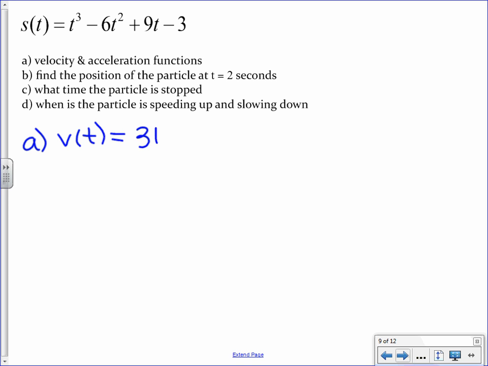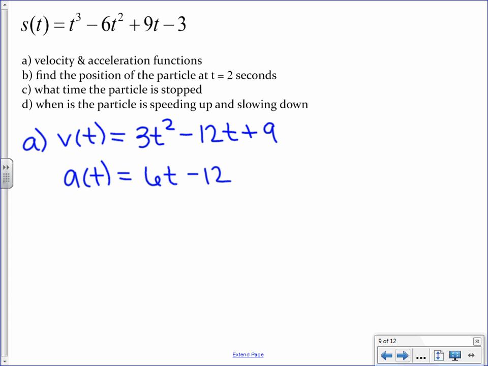What is our velocity? 3t squared minus 12t plus 9. Great. What's our acceleration? 6t. Good. I'm going to say that time is measured in seconds and distance is measured in feet.